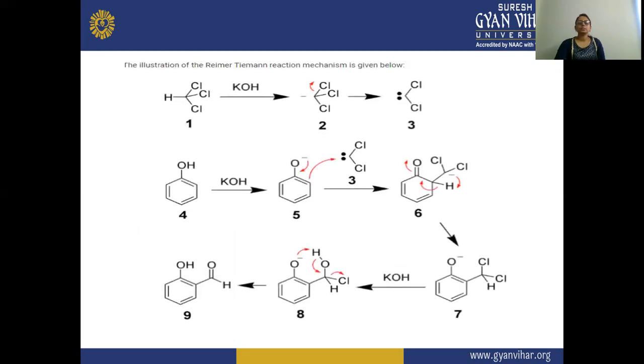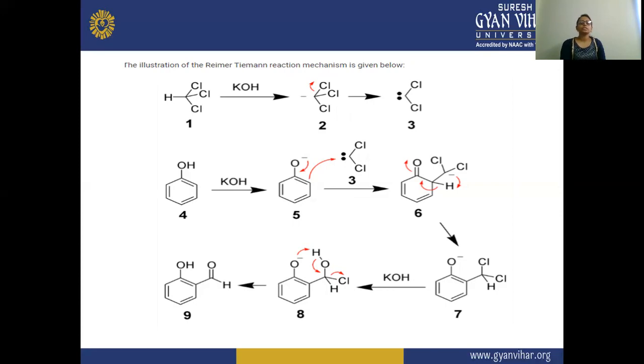Now its mechanism: how this phenol is reacting with chloroform. Here we have taken potassium hydroxide as the alkaline solution. When chloroform is in the presence of KOH, the hydrogen is abstracted from the carbon on which the three chloro groups are attached.